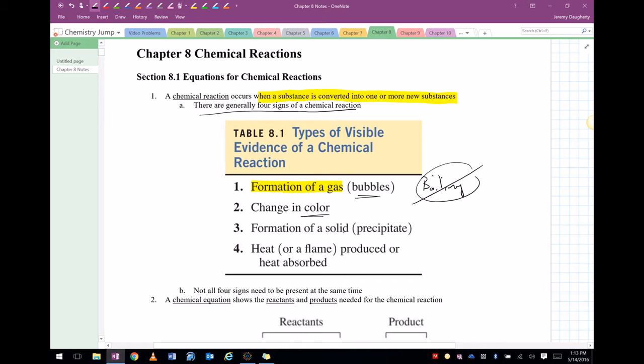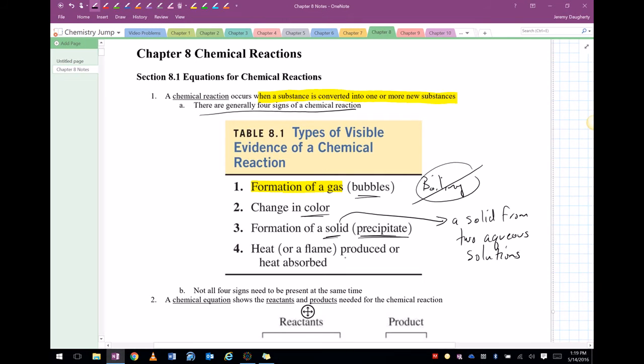If there is what's called a precipitate that's formed, which is a solid. Now this is usually technically a solid that comes from 2 aqueous solutions. So the 4th sign of the chemical reaction is when heat is either given off or absorbed.